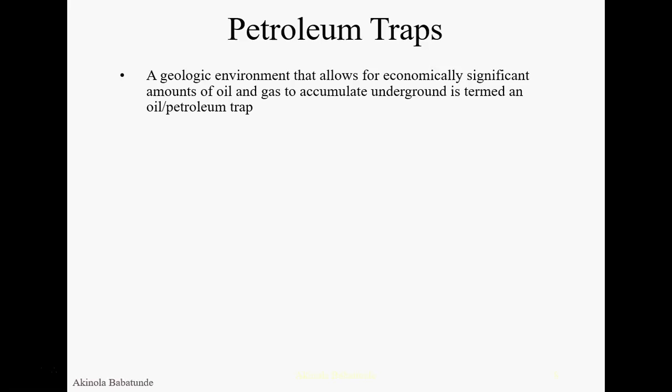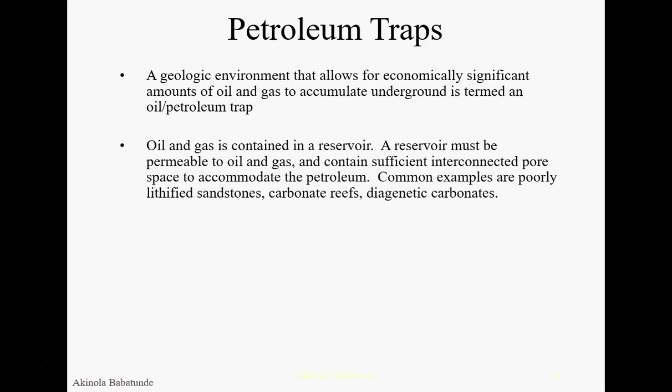A geologic environment that allows for economically significant amounts of oil and gas to accumulate underground is termed an oil or petroleum trap. Oil and gas is contained in a reservoir. A reservoir must be permeable to oil and gas and contain sufficient interconnected pore space to accommodate the petroleum.